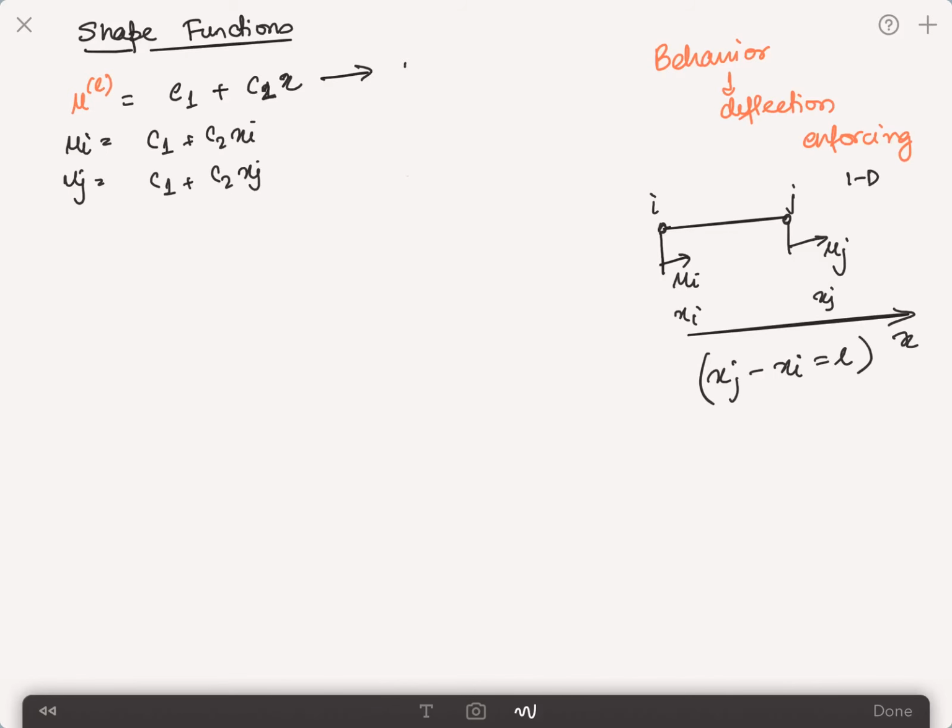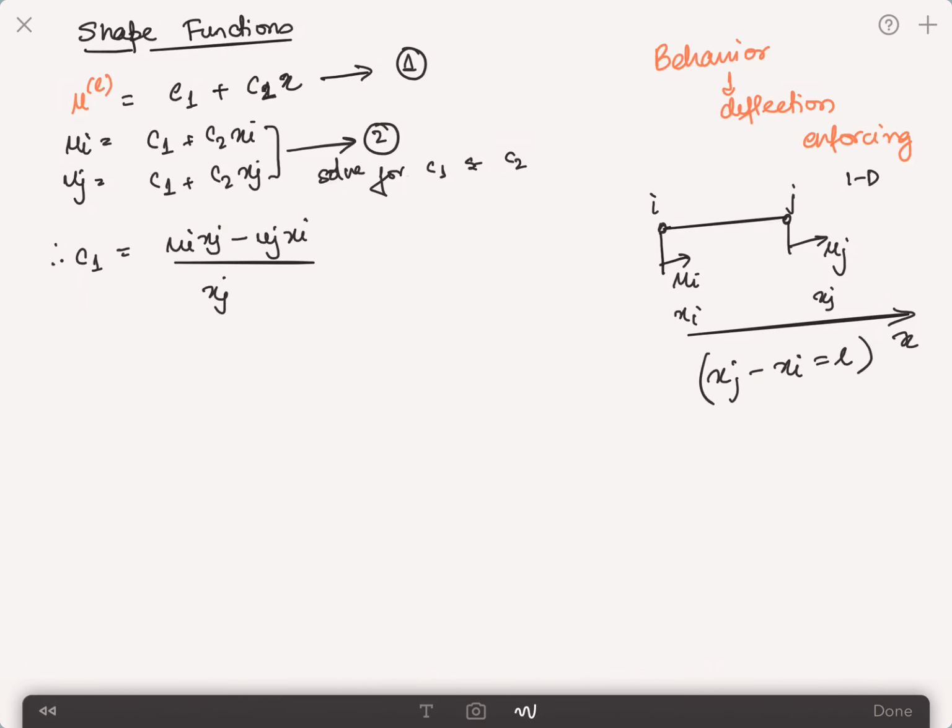Right, so if I call this equation 1 and these two equation 2, then I can solve equation 2 simultaneously for c1 and c2. If I solve for c1 and c2, then in terms of ui, uj, xi, xj, I will get c1 equal to (ui xj minus uj xi) by (xj minus xi).